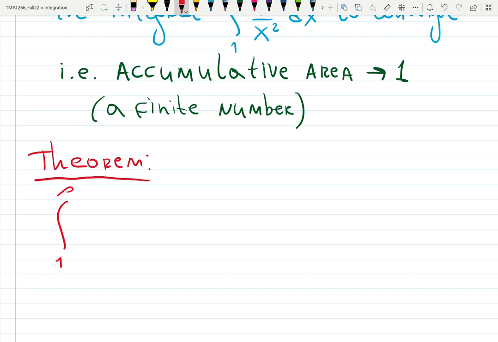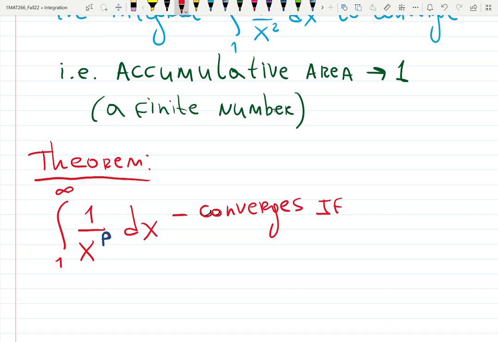The integral from 1 to infinity, 1 over x to the p dx, apparently converges or diverges depending on p. P is this power. So it converges, and the integral is called convergent, if it's convergent, and the process is called convergence, by the way, that's English, if p is greater than 1.